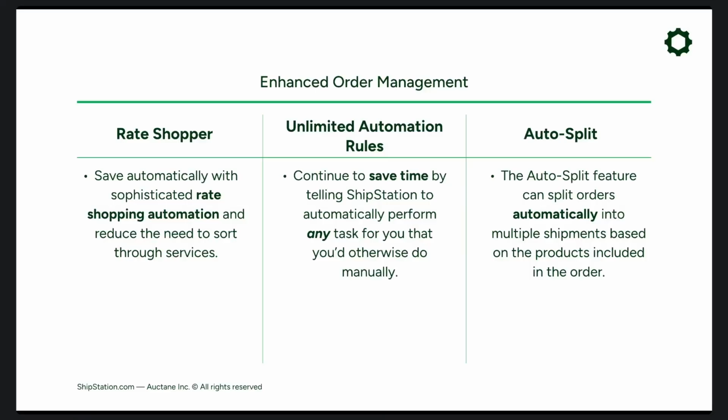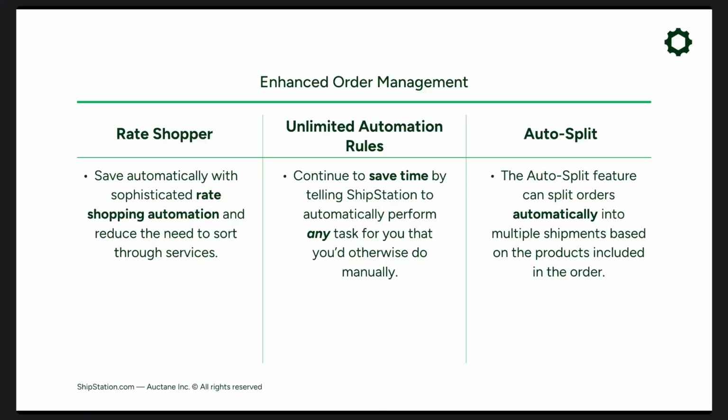With this feature on the standard plan, you can also customize this so you can define which services you want the system to compare. You can also define any delivery time or service requirements. And then ShipStation will automatically find the best shipping service at the lowest cost. And you can apply that to your orders automatically.